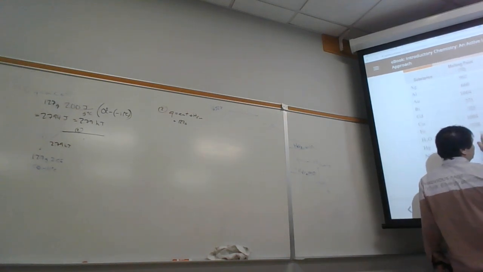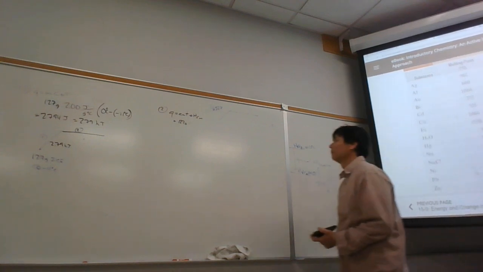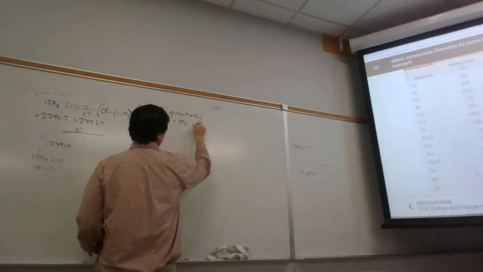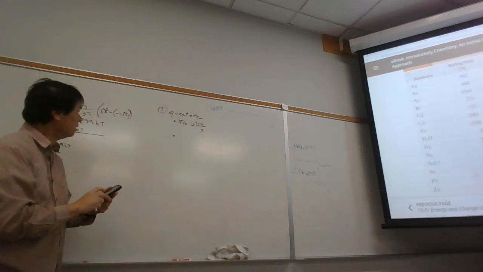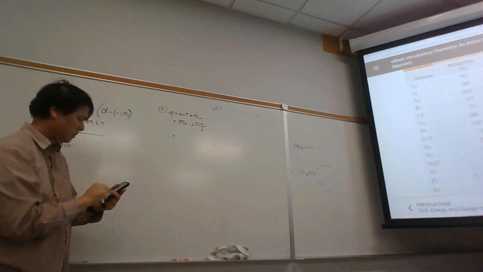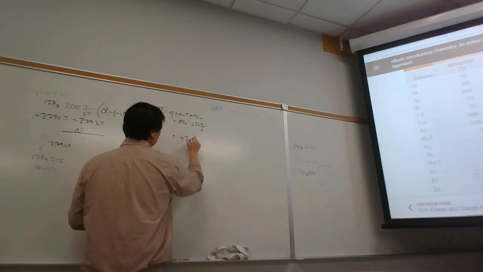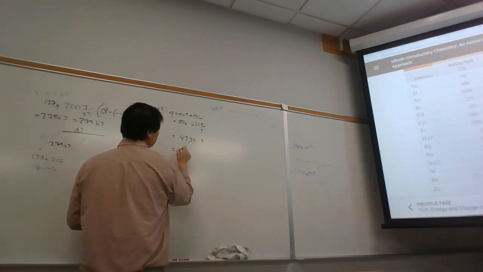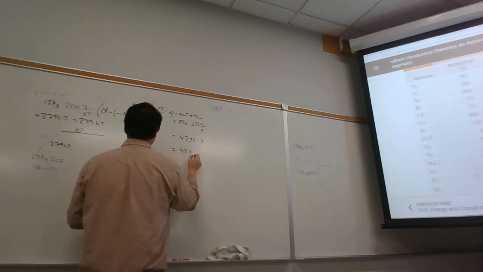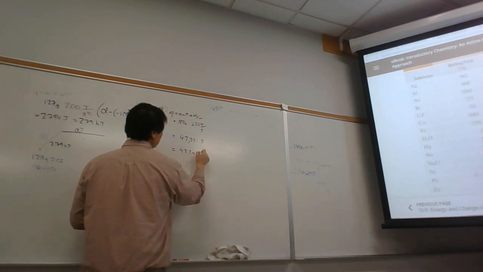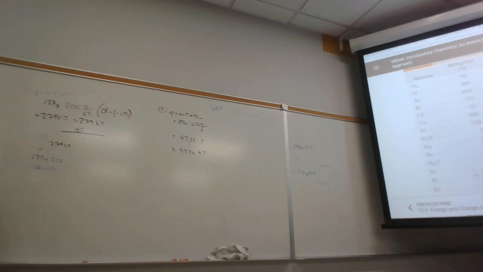So ice melts at 0 degrees C and it has a delta H of fusion of 333 joules per gram. Grams cancel, leaves us with joules. So 127 times 333, 42,291 joules, which is going to be 42.29 kilojoules. I'm only allowed 3 sig figs, I'll just carry it extra.